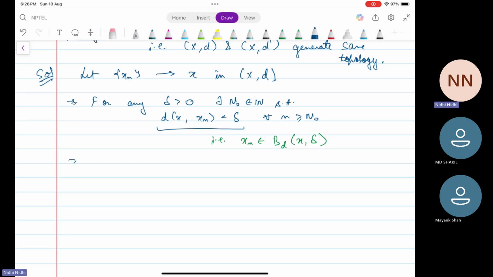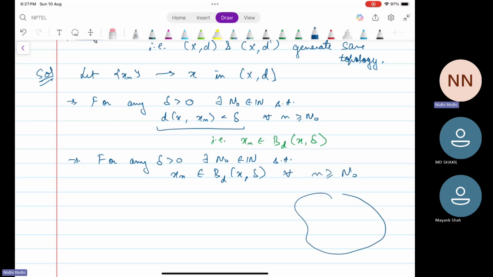So for any delta positive, there exists a stage n naught such that the elements of the sequence x_n belong to B_d(x, delta) for all n greater than or equal to n naught.